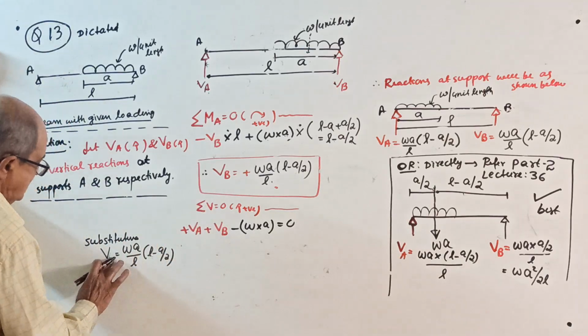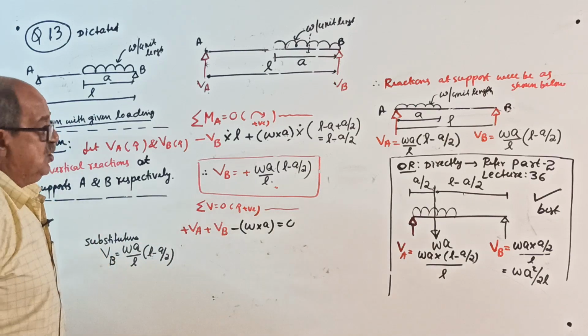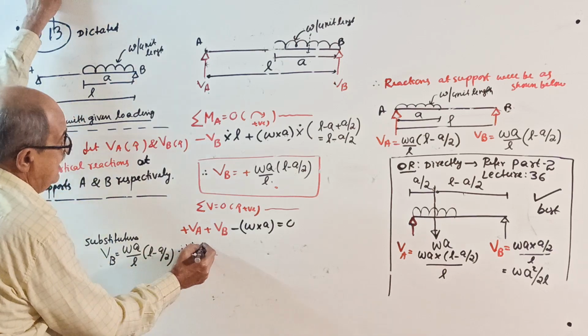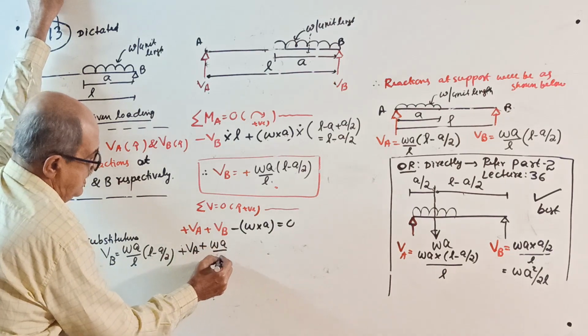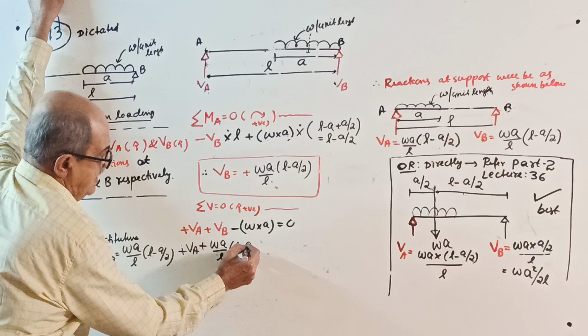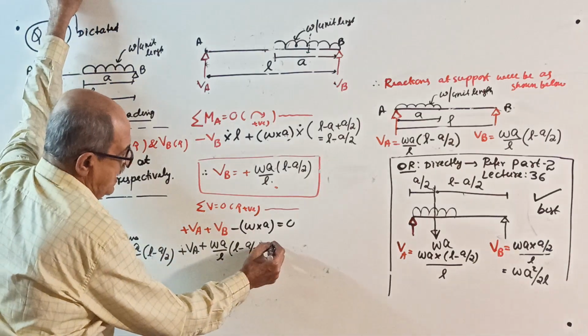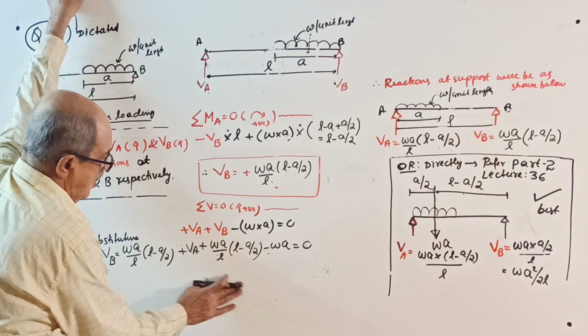Substituting VB equal to WA by L into L minus A by 2, then minus WA equal to 0.